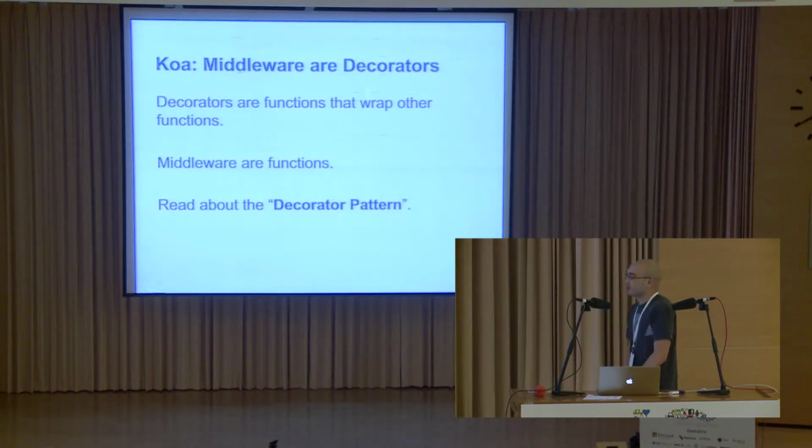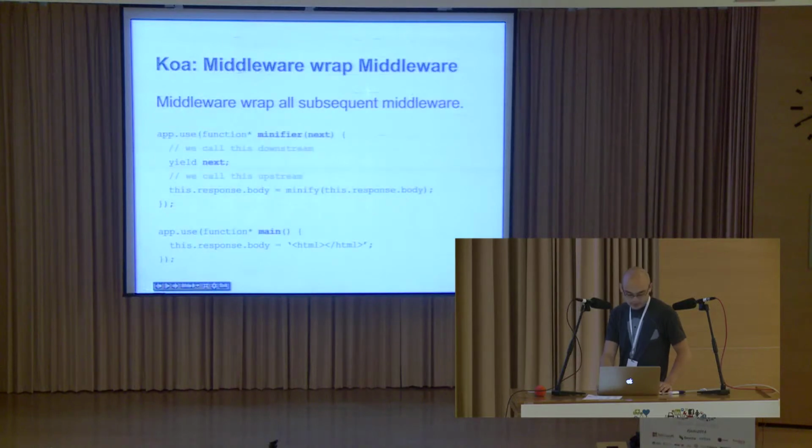So I would recommend that you look up the decorator pattern, if you care. But basically, decorators are functions that wrap other functions, and middleware are just functions. They're not plugins, they're not anything complicated. They're just functions that are executed.